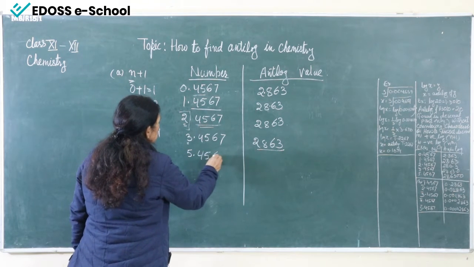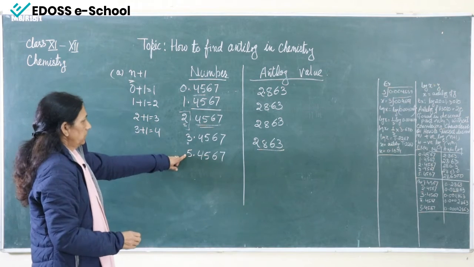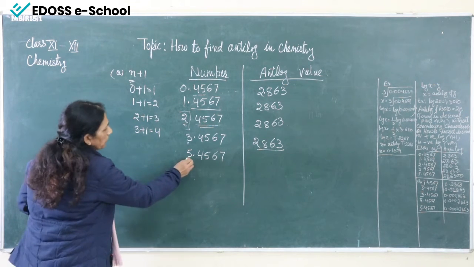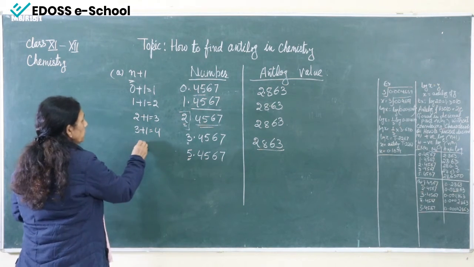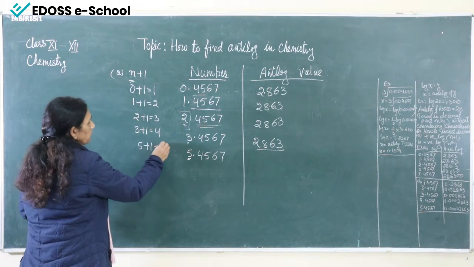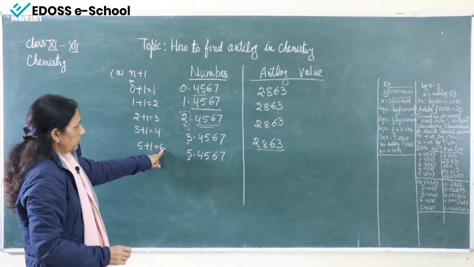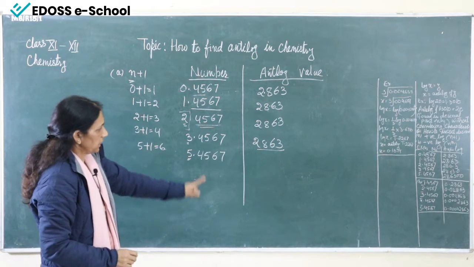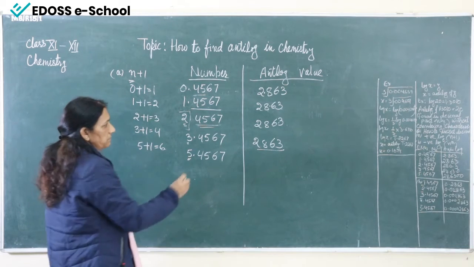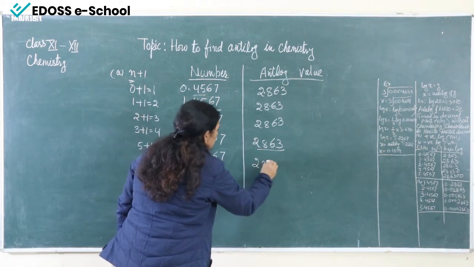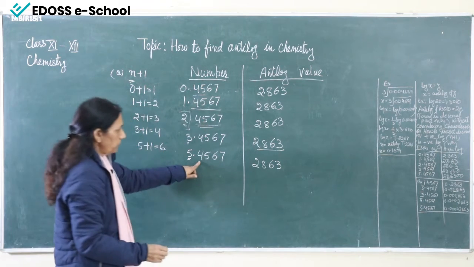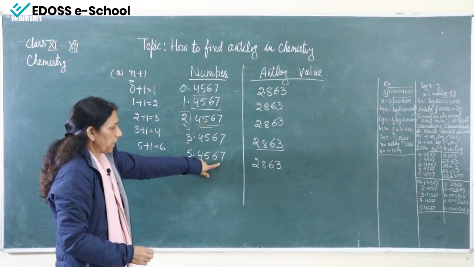Now, the same number, suppose I am taking 5.4567. So, n will be 5 now. So, 5 plus 1, this will become 6. Now, see how to insert the decimal. First of all, I will write the anti-log value of this decimal part.